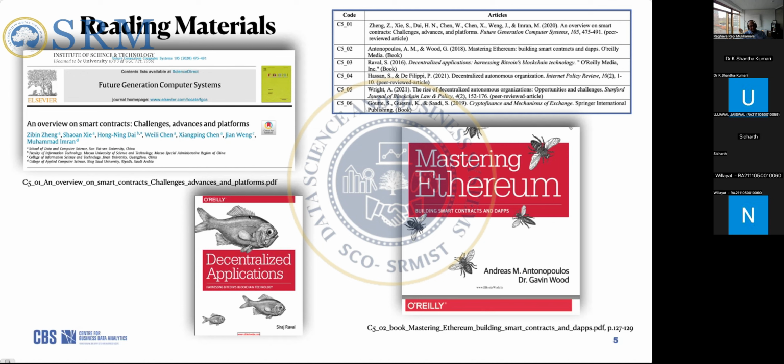We will also briefly touch upon decentralized organizations and the concepts around them, and tokenization and the economics around tokens, which are also covered in the book.